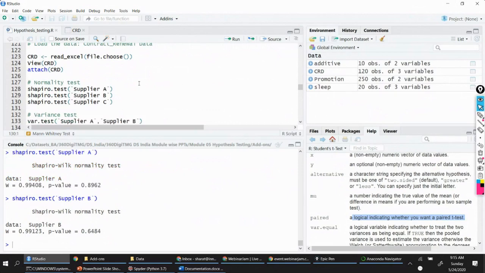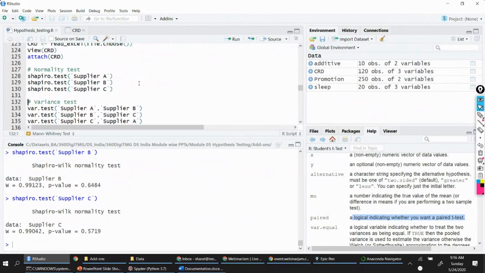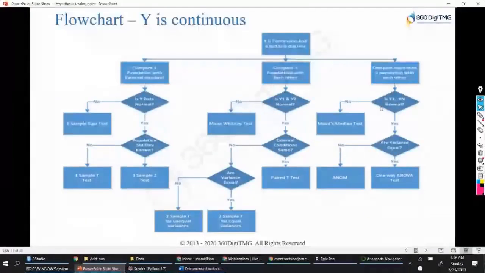Supplier B, this is also greater than 0.05, and supplier C. So the data that we have are normally distributed because all the p-values are greater than 0.05. So p high, null, data are normal. So the first test is successful.